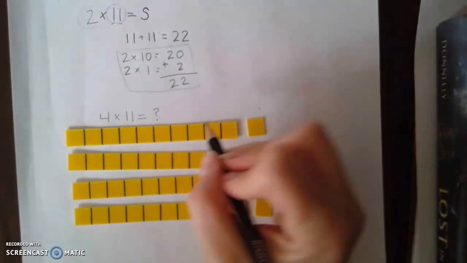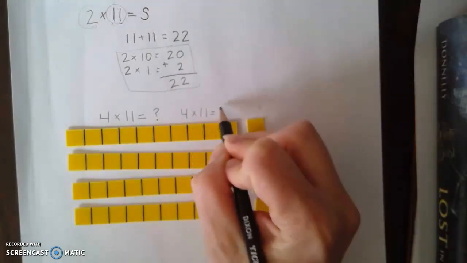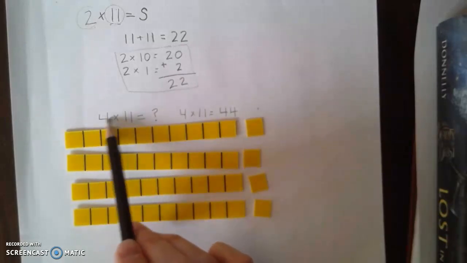Okay, so 4 times 11 would actually be 44. Nothing crazy, right? And again, the 11s trick is that whatever you're multiplying by, since it's a 1, it's just going to double that number, so 44.